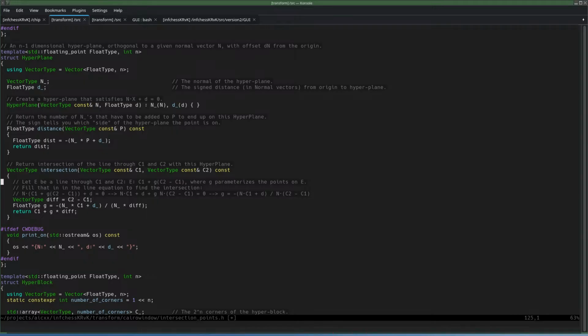Let E be a line through C1 and C2. So E is C1 plus some G times (C2 minus C1), where G parameterizes the point on E. Fill that in the line equation to find the intersection. I'm calling it a line even here instead of a hyperplane.